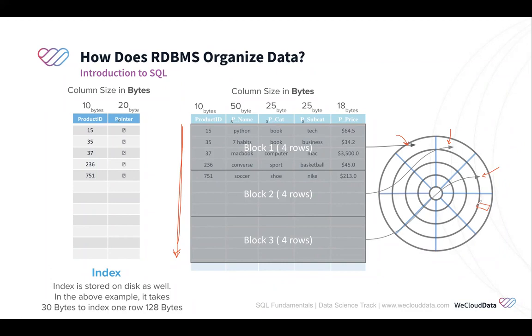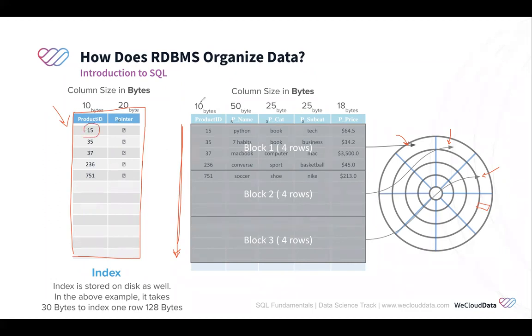And an index can help, right? So the index on the left-hand side is another table, but it's stored in a more optimized way, okay? It's using some sort of tree structure to store the index. And think of it as a pointer.